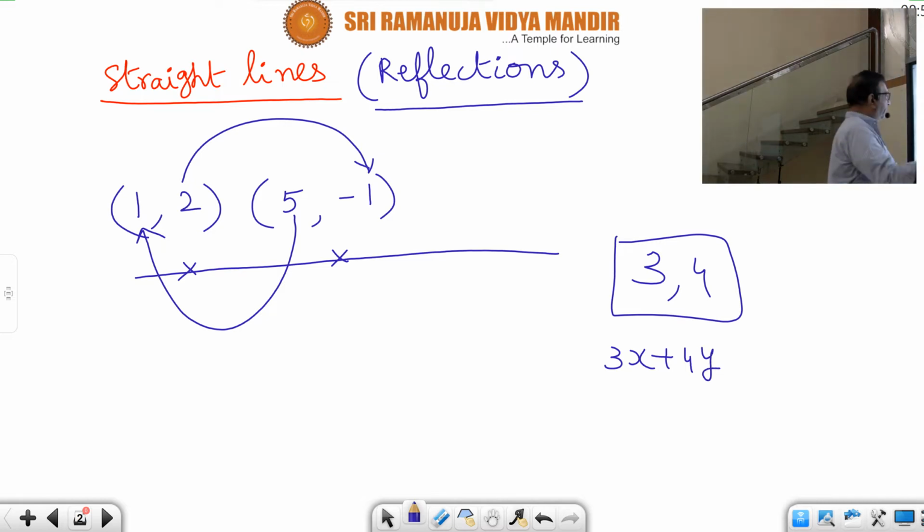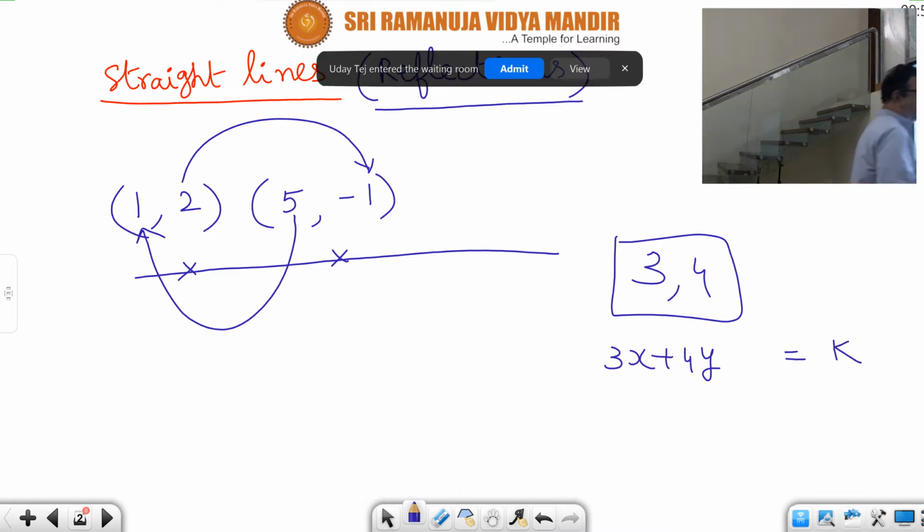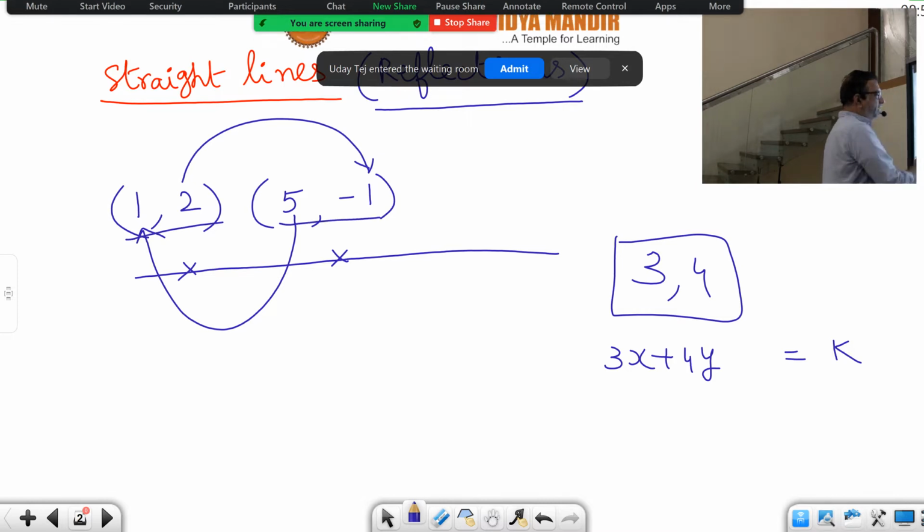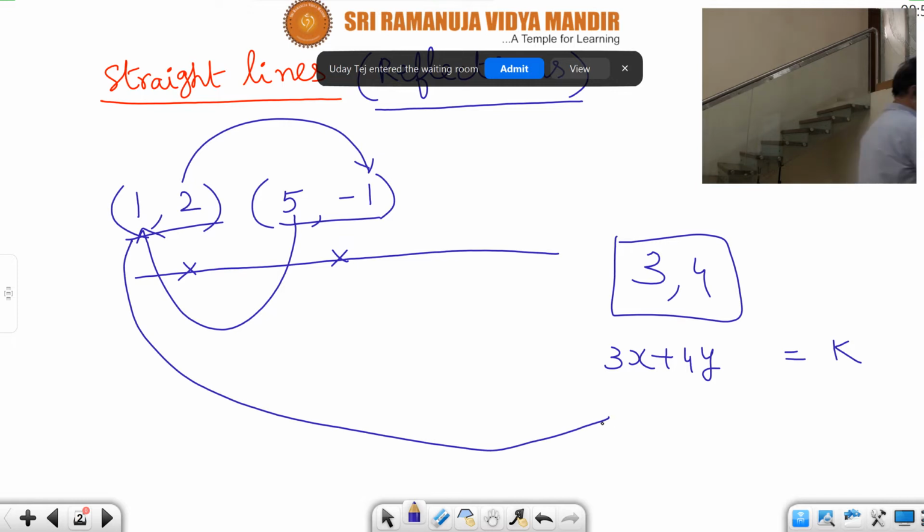Now it is equal to some constant we have to find out, some k. That k can be obtained by substituting either the first point or the second point, whichever is easy. I think 1, 2 is easy. So I will substitute 1, 2: 3 into 1 plus 4 into 2 is k. That is 3 plus 8, 11.